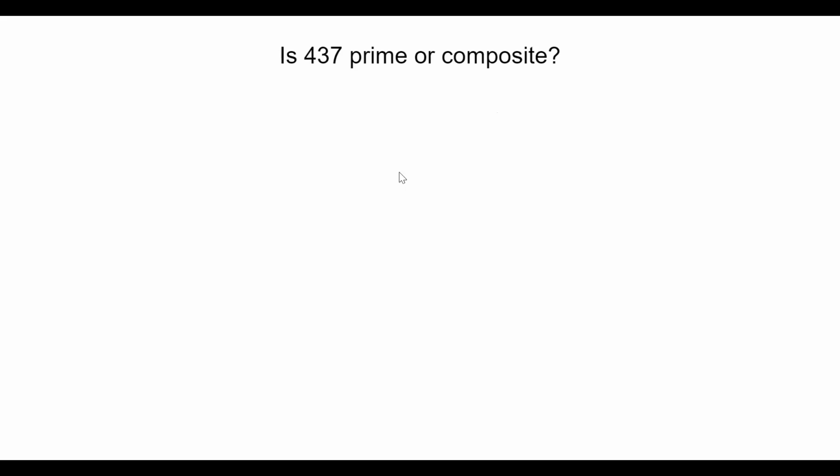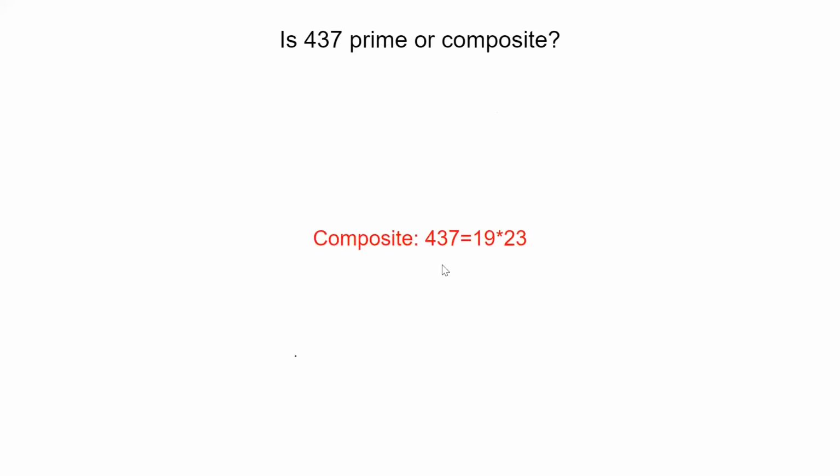Okay, for this question, I know it's kind of tedious, so the answer is composite. Now, usually, when you're asked whether some number is prime or composite, and it's some big number that does not have any obvious factors, the easiest way to solve the problem is to Google the question.